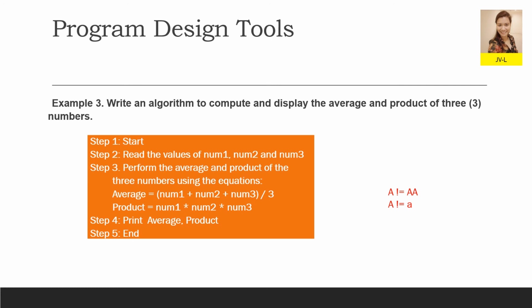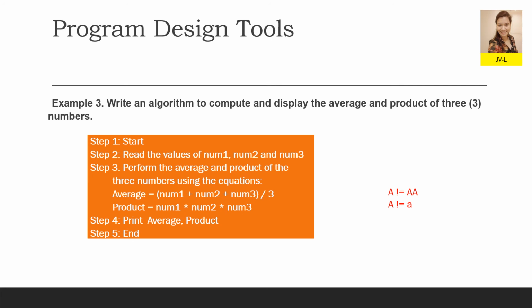Step number 4, as per the instruction, the algorithm will display the average and the product of 3 numbers, meaning the result of the operation. So in step number 4, we are going to use the word print or display, average, and product. Meaning, print the variable name average, comma, the variable name for the product. And lastly, step number 5 is end.